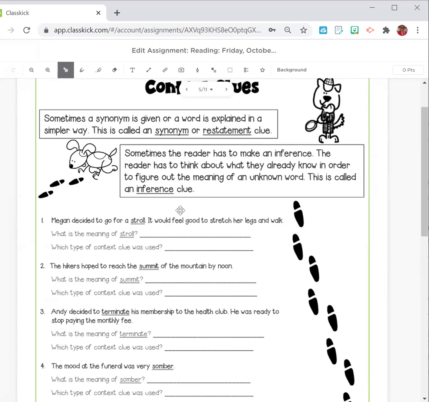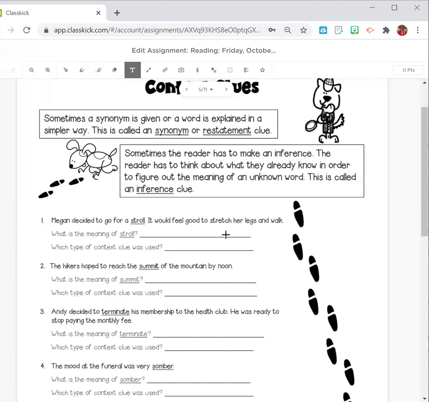Now this one, we're going to have to think about what you would do to stretch your legs and walk. So Megan decided to go for a walk. We are using inferences. What we know about walking and how it can stretch out our legs and make us feel good.